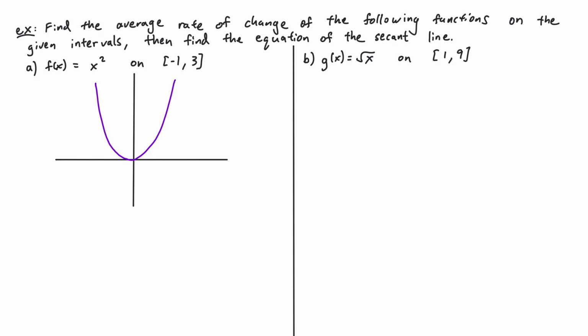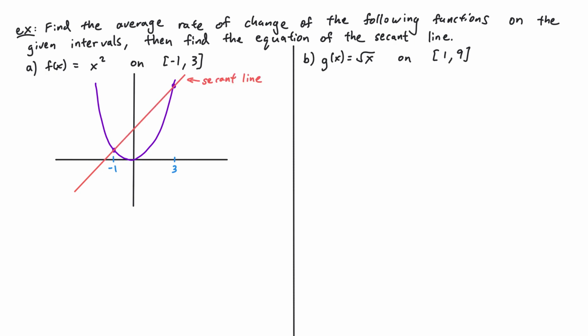Now what we want to do is look at our function on the interval -1 to 3. So we'll start here at -1 and go all the way here to x equals 3. At those x values, we have the corresponding points. At -1, we have a point there, and at 3, we have a point here. Remember that we learned that the average rate of change for a function is the slope of the secant line that connects the two endpoints of our interval.